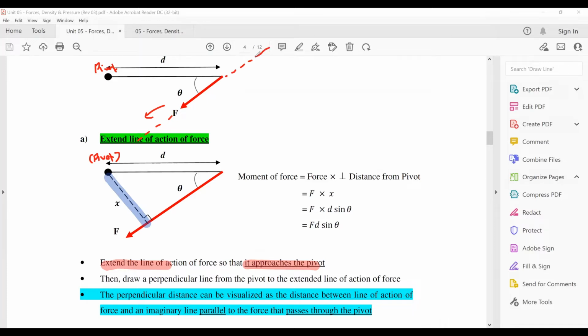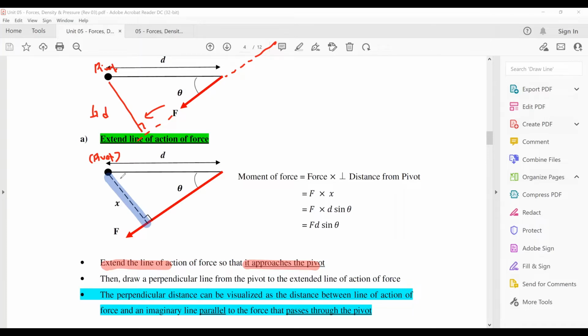So how do you know where to extend it? You extend it so that it approaches the pivot. When you do that, you can clearly see your perpendicular distance already. So extend the line of action of the force, then you will see that the perpendicular distance is indicated by this dotted line here.